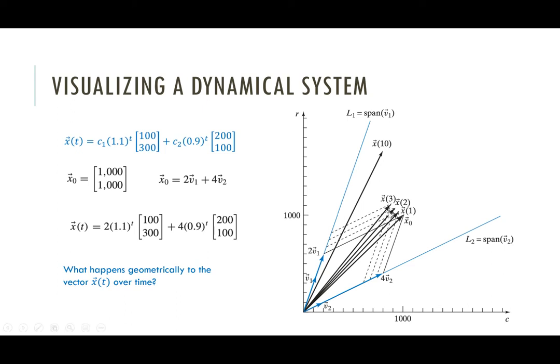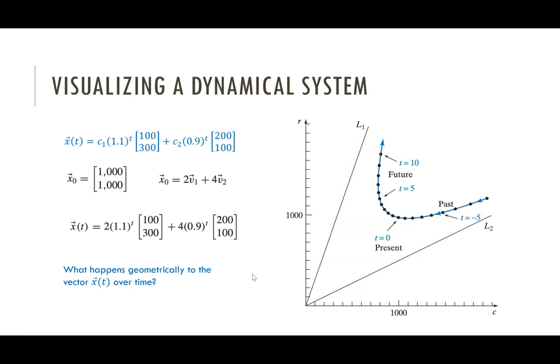But actually, if you jump 10 years forward, you get all the way up here. And so to see what's happening generally, it's nice to plot out a bunch of points and connect them with a line. And you can get a general picture of what's happening.